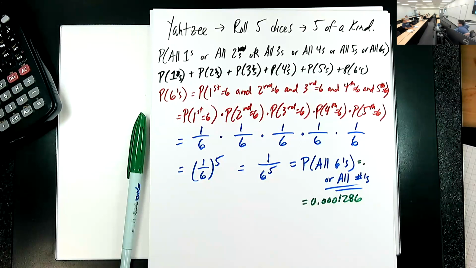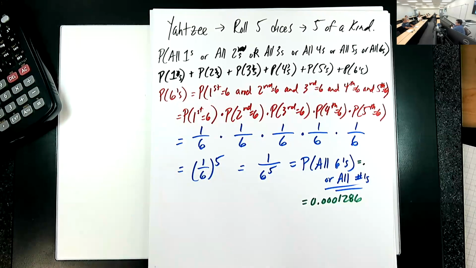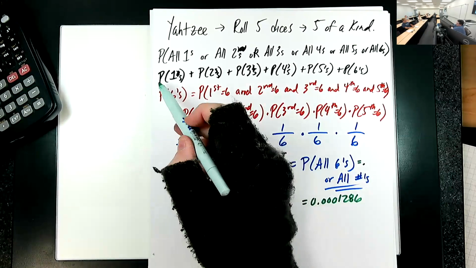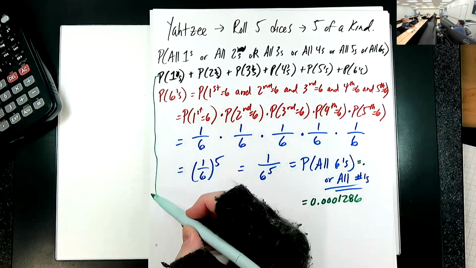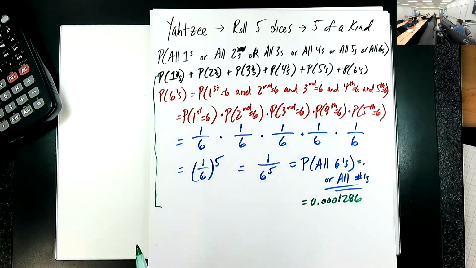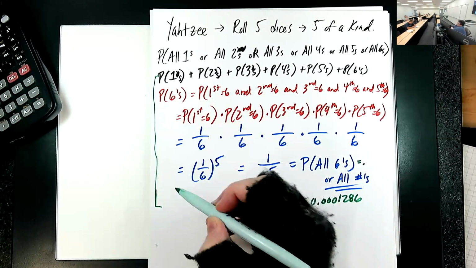Is everyone caught up on the writing? So that's not what we were trying to solve. That was just the probability of Yahtzee with 6s. When you're playing Yahtzee, you don't care which number you get a Yahtzee with. So a Yahtzee with 1s is worth the same amount of points as a Yahtzee with 6s.